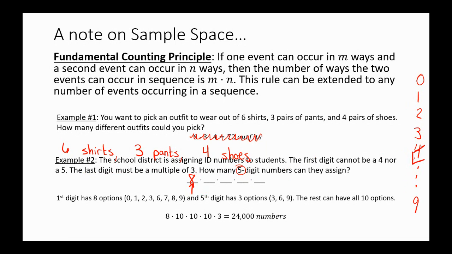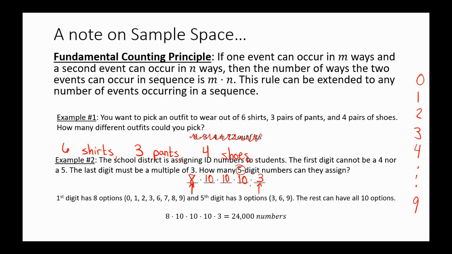Okay, well, again, think back to our options that we can pick from. What are our multiples of 3? 3, and then 6, and then 9. How many options does that give me then? 3. So I only have 3 options for the last digit. Does it give me any more conditions? No. So that means I am free to pick whatever digit I want for the rest. So how many options do I have for the second digit? The third digit? The fourth digit?